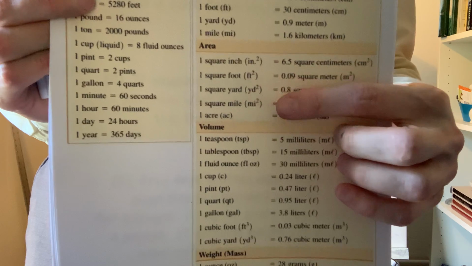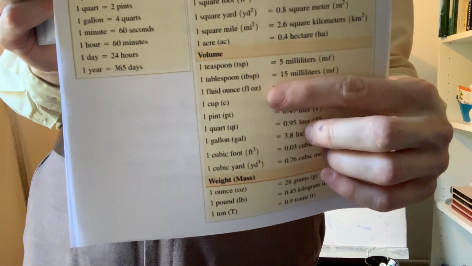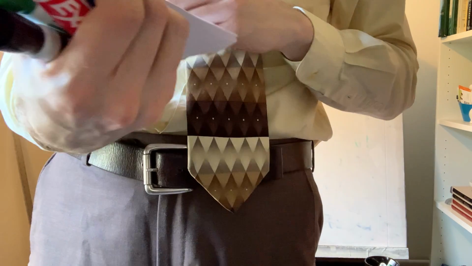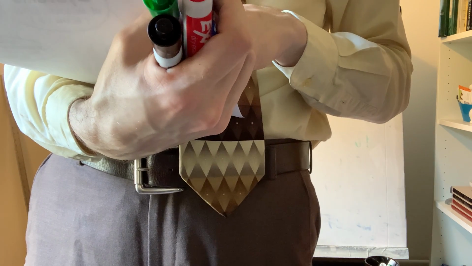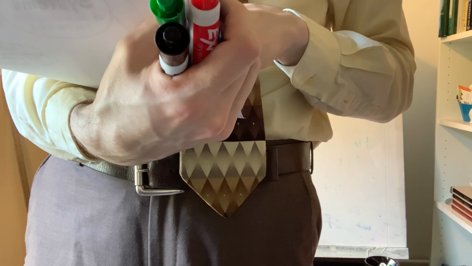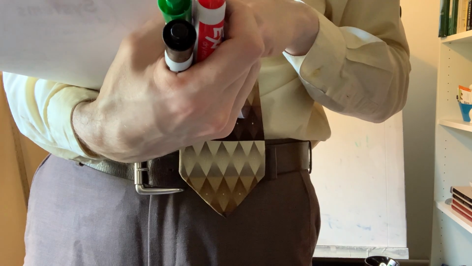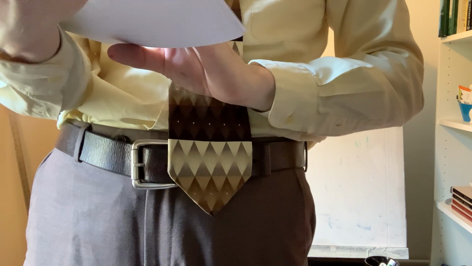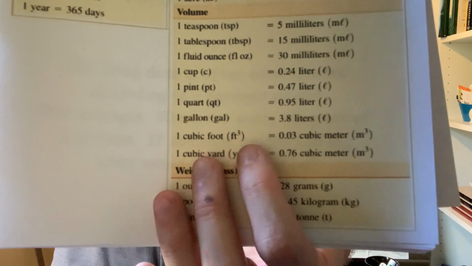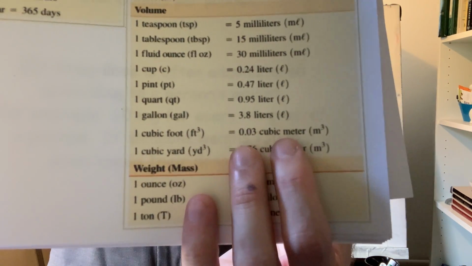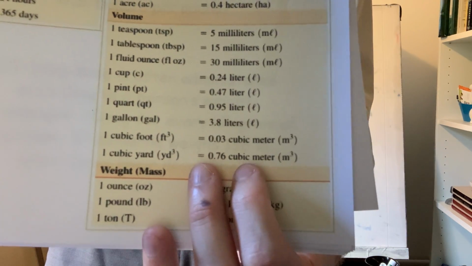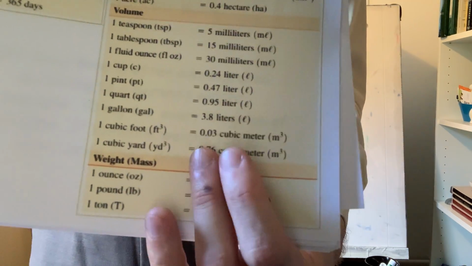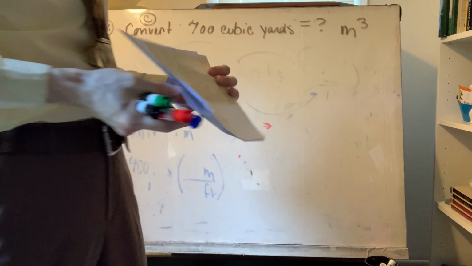We have in volume, I have to read it this way, down at the bottom, these conversion factors. We have a cubic foot that we can convert to a cubic meter, or we have a cubic yard that we can convert to a cubic meter. So we might employ these in addition to, say, something else. We'll look.